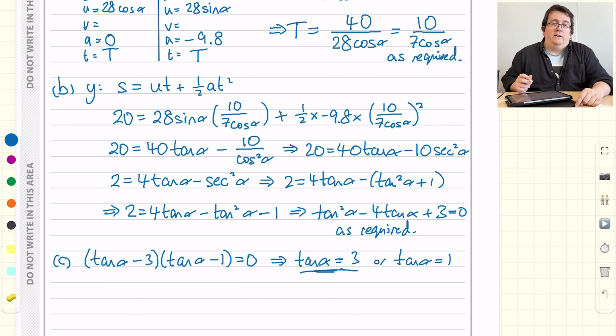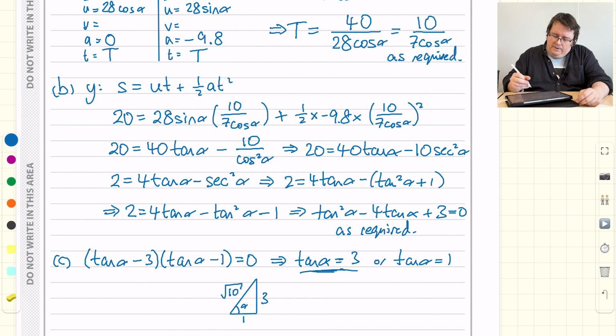So remember that tan is opposite over adjacent. So if tan alpha is 3, then you're going 1 along, 3 up. Okay? So the hypotenuse will be 1 squared plus 3 squared, so 10 rooted, so root 10.